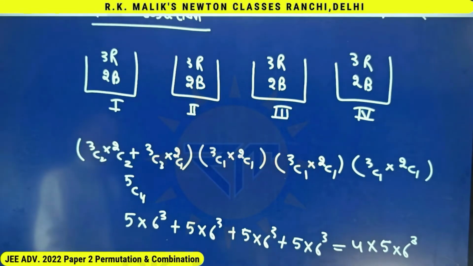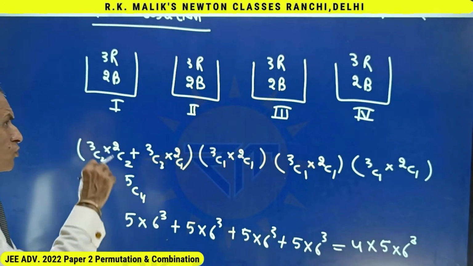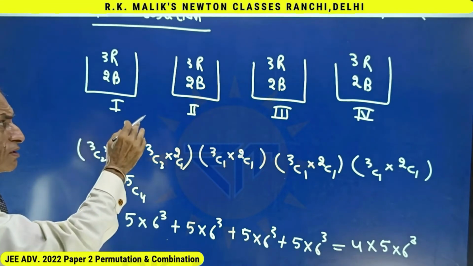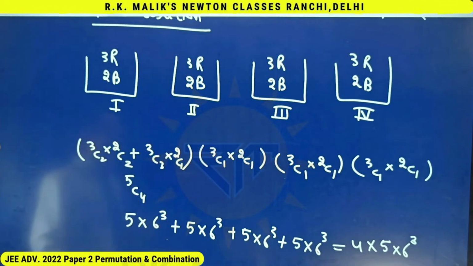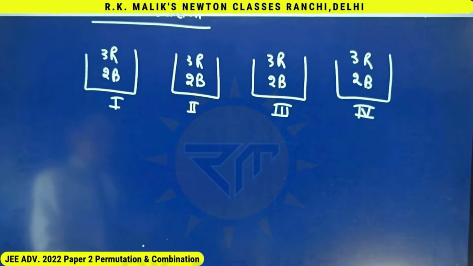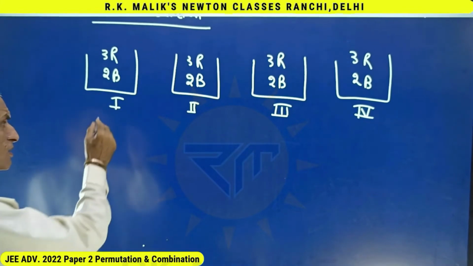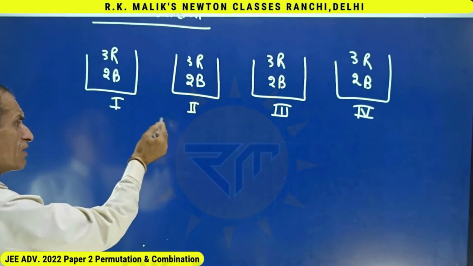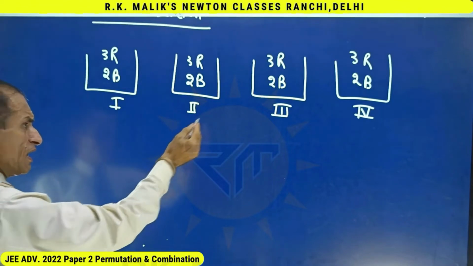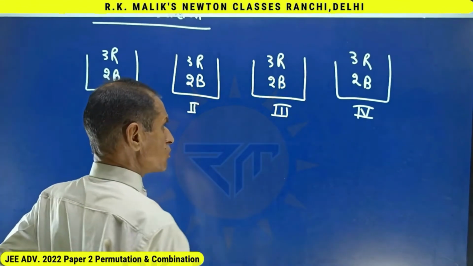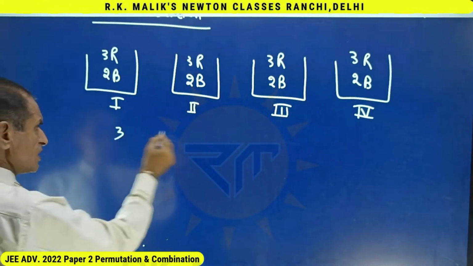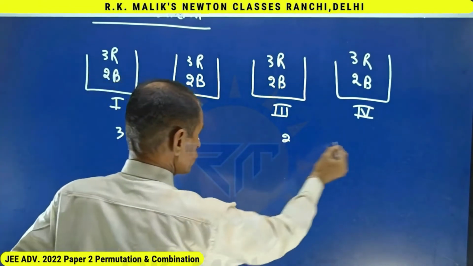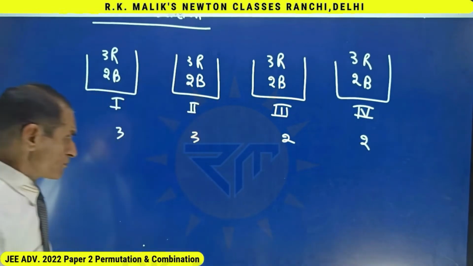And now let us take the second possibility, that 2 bags have given 3 balls and the remaining 2 bags have given 2 balls. To deal with this case, let us suppose that these 2 bags have given 3 balls each and these 2 bags have given 2 balls each. That is 3 3 2 2.